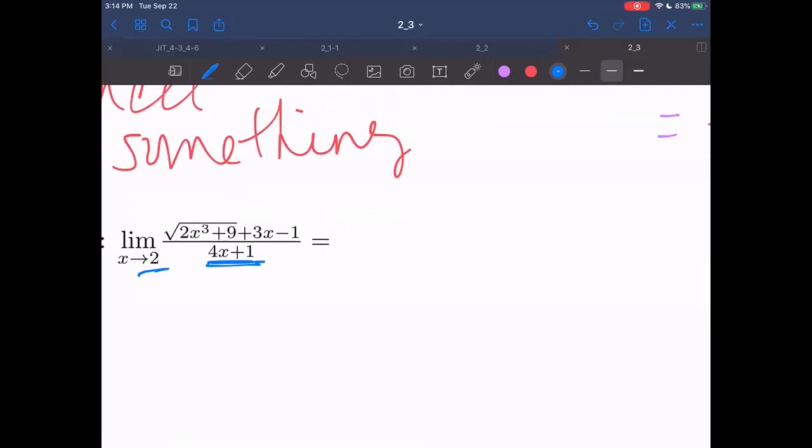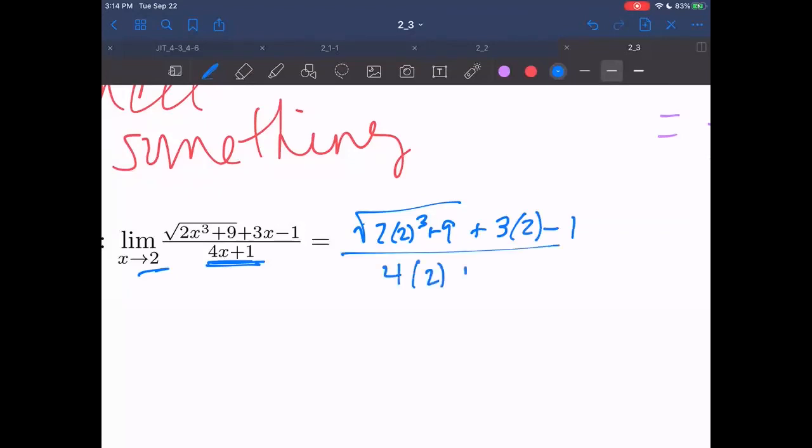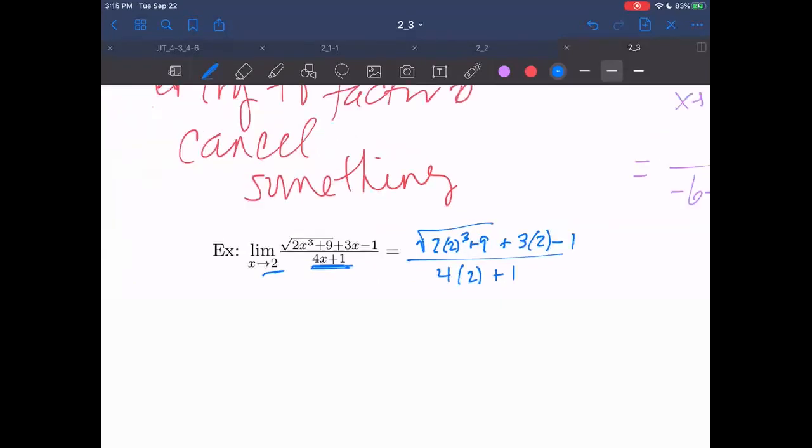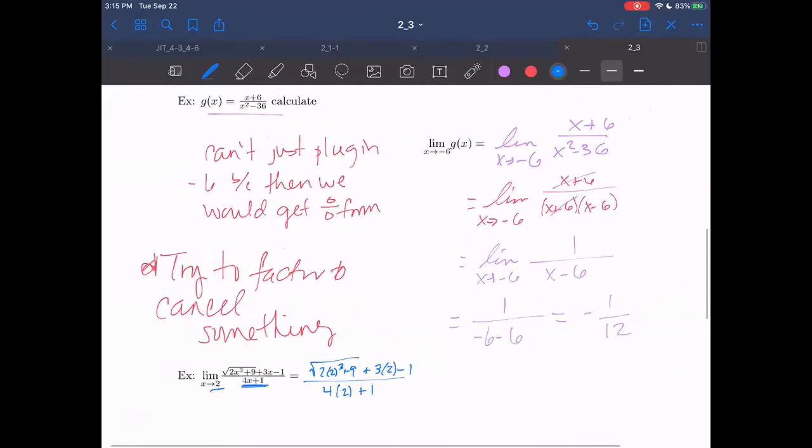So we get square root of 2 times 2 cubed plus 9 plus 3 times 2 minus 1 over 4 times 2 plus 1. So another thing with notation. Before, up here, we kept writing the limit.